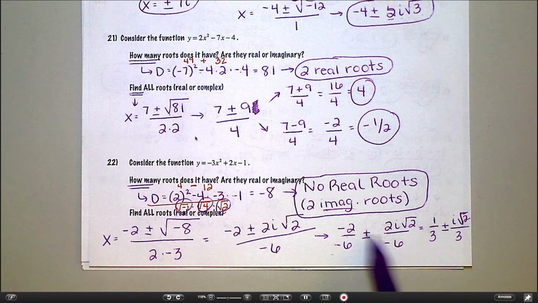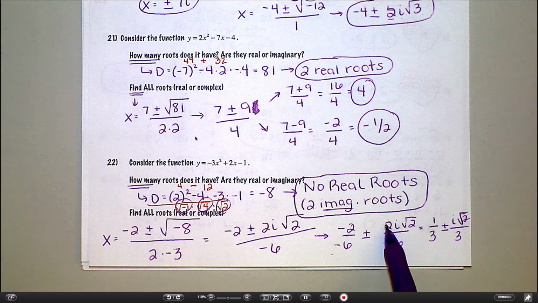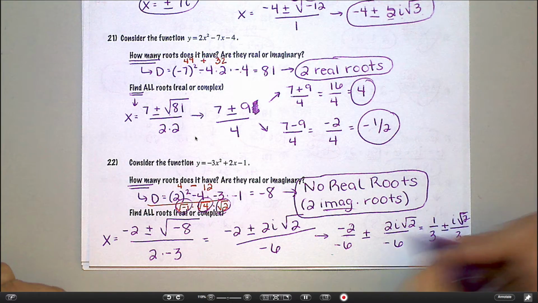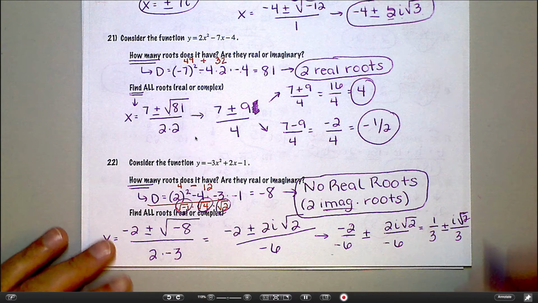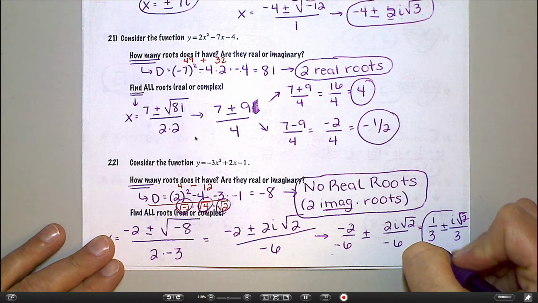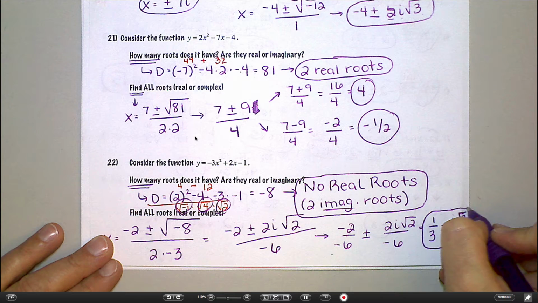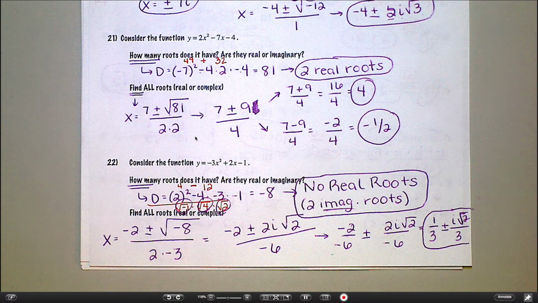So 1/3 plus or minus i square root of 2 on the top. And this would be your final answer. Those are your complex or your imaginary roots.